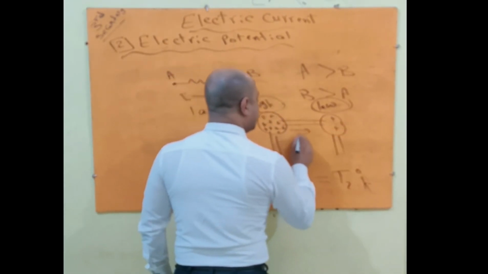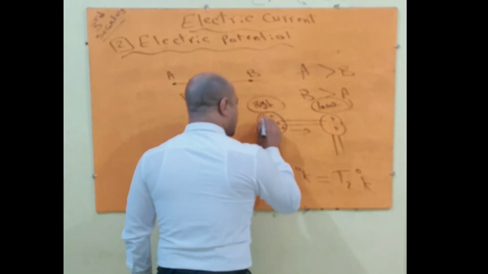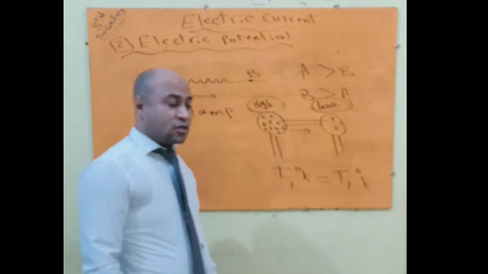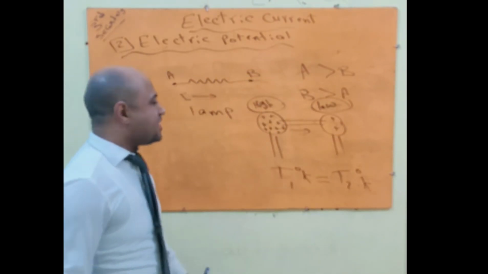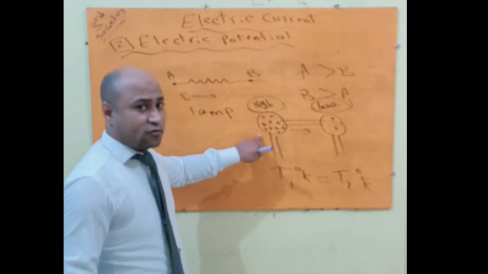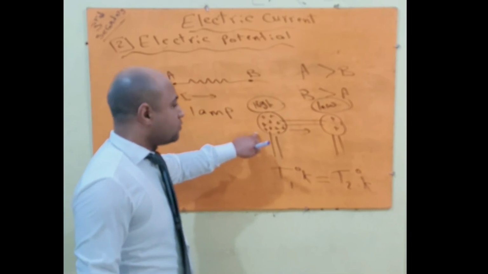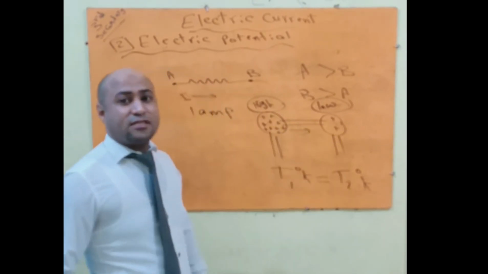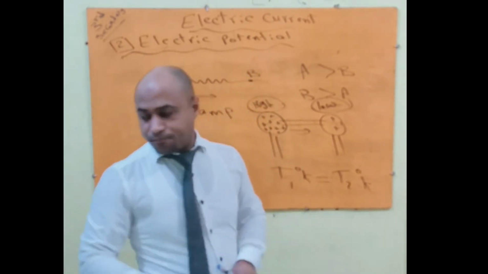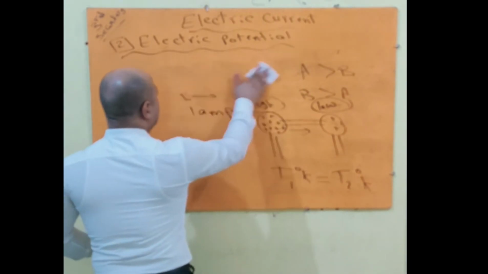So the charges will transfer from the object of high potential towards the object of low potential. So what is meant by electric potential is the state of the conductor that shows the direction of electric current from it or to it when it is being connected to another electric conductor.